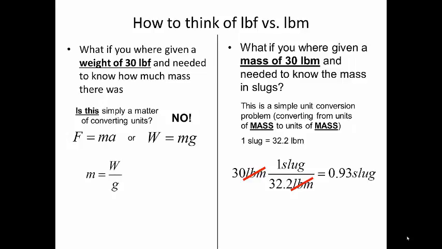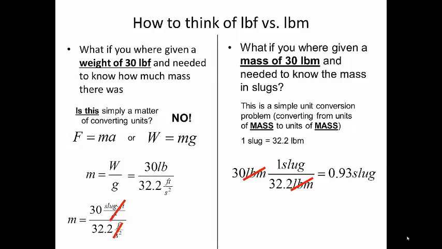If we solve for mass, we get that our mass is equal to the weight divided by gravity. Our weight is 30 pounds, and our gravity is 32.2 feet per second squared. There's nothing here that we can cancel at this point, but if we write our pounds as slug feet per second squared, then our mass is equal to 30 slug feet per second squared divided by 32.2 feet per second squared.